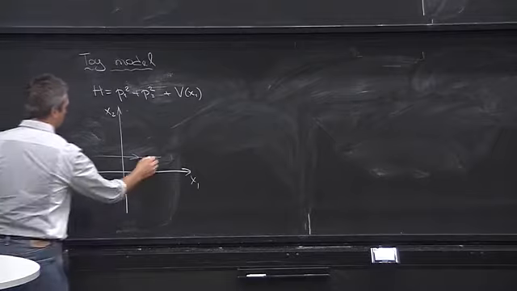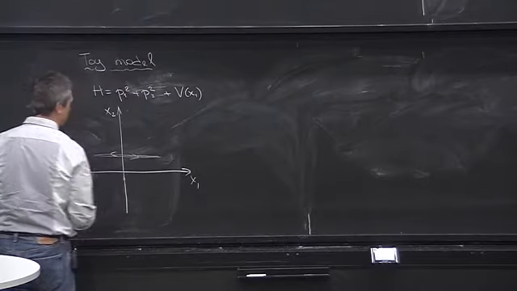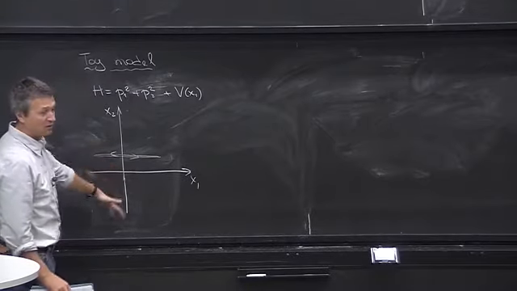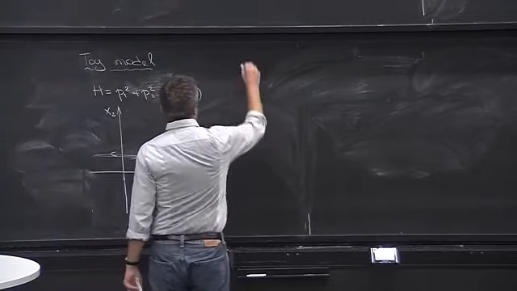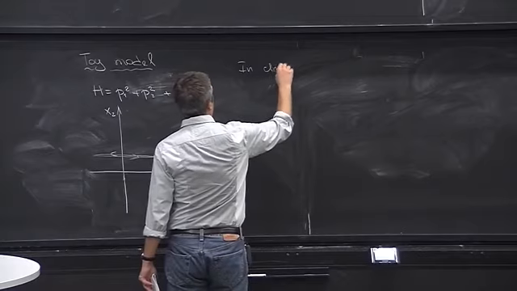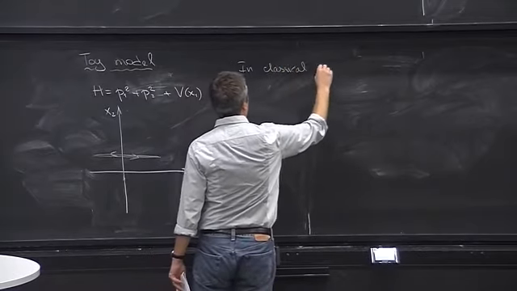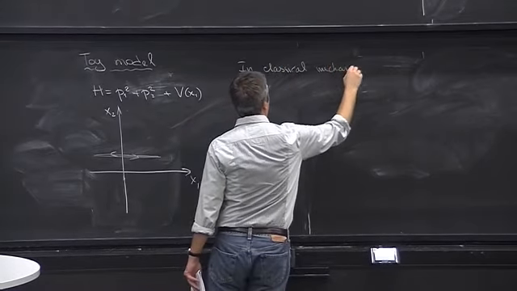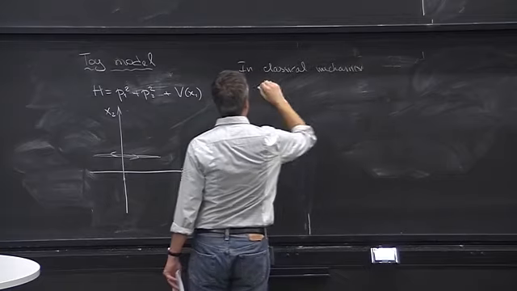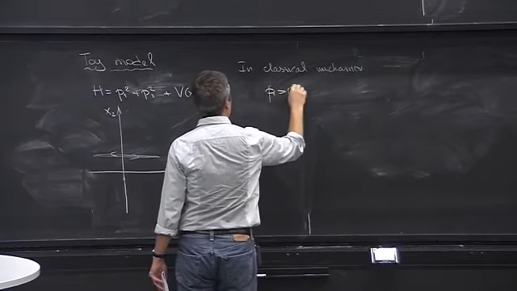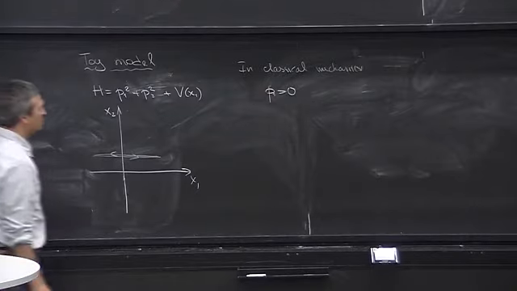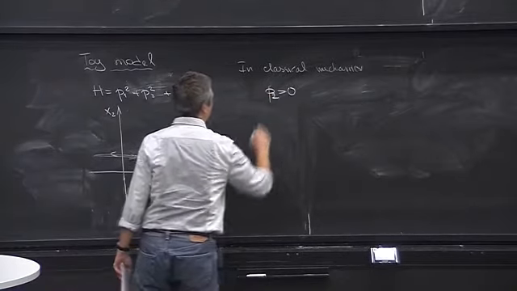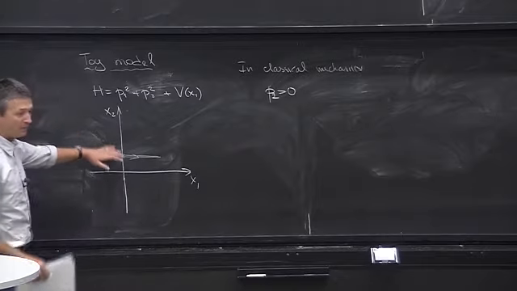So they, say, oscillate in this potential and do not move in the direction x2. So in classical mechanics, we can simply say that the momentum in the vertical direction is 0.